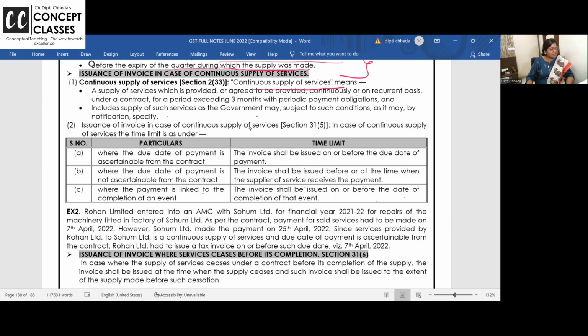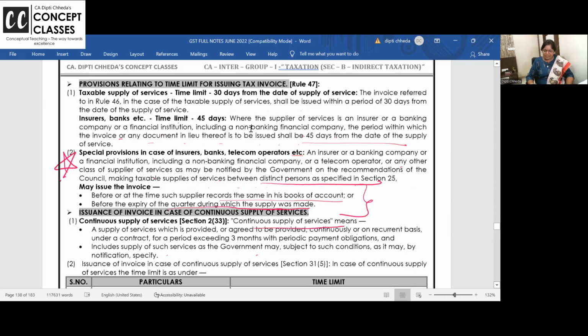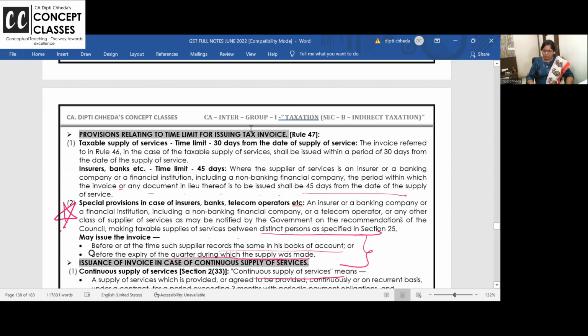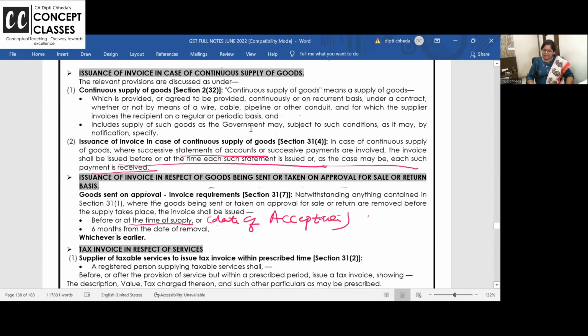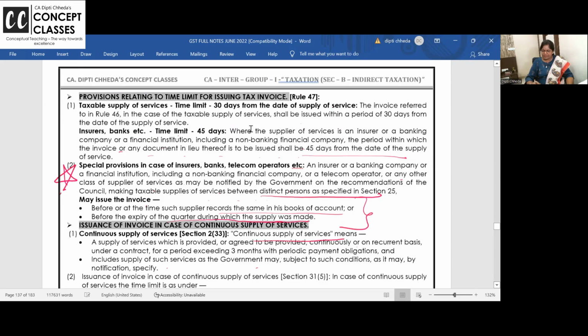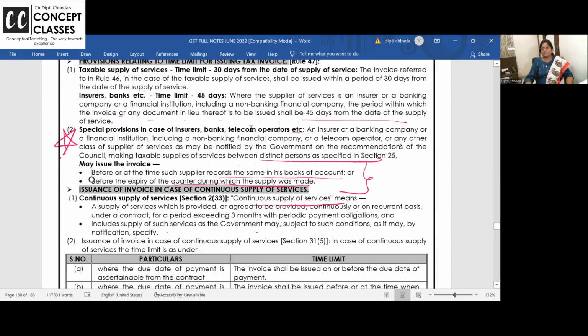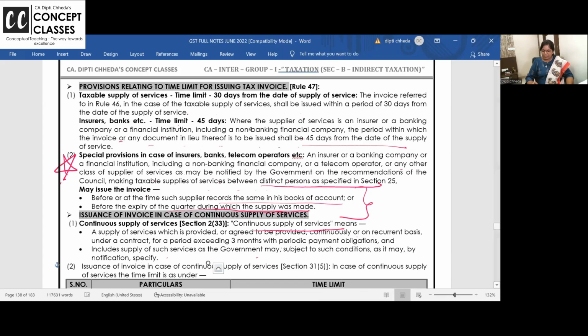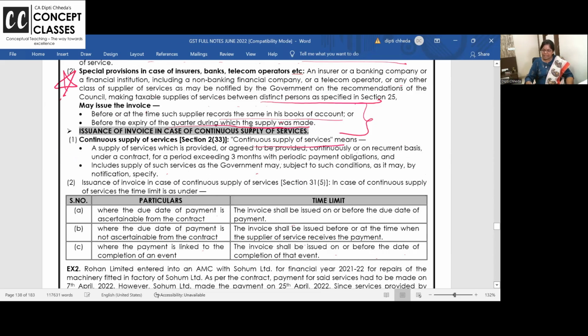You want to write this also in notebook or clear? In case of continuous supply of goods, क्या बोला आपको? Before or at the time such statement is issued or the payment is received. पैसे आ गए या statement issue किया, whichever is earlier. और यहाँ पे in case of continuous supply of service, before or at the time the supplier records the same in the books, or really sorry, वो तो banks और insurance के लिए.